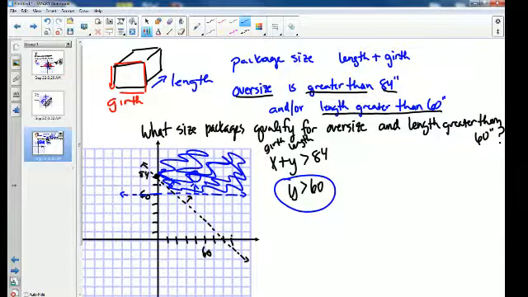So what spot is this? 36 and 72. What does that mean in the context of the problem?